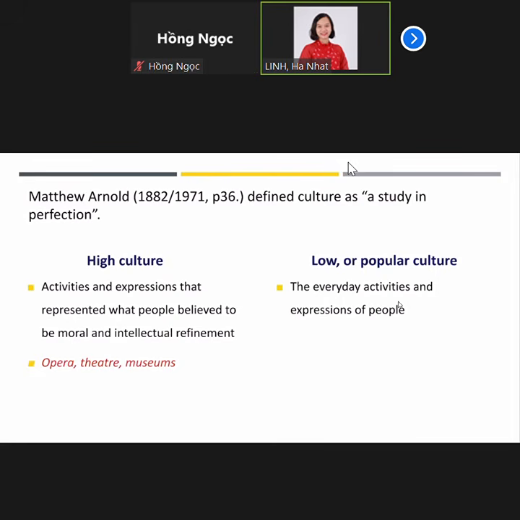Do you agree with this definition, and the way that he classified culture into the two groups of high culture and low culture?